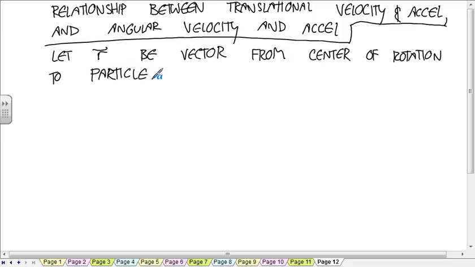R is a vector. Then the velocity of that particle, this is the translational velocity, is equal to the angular velocity crossed with the R vector.